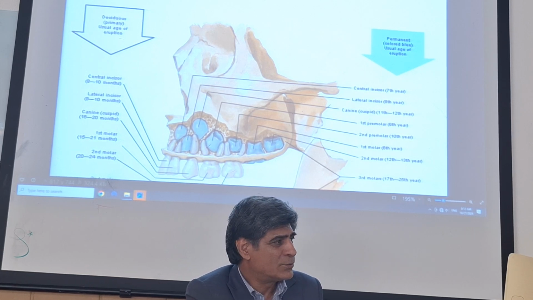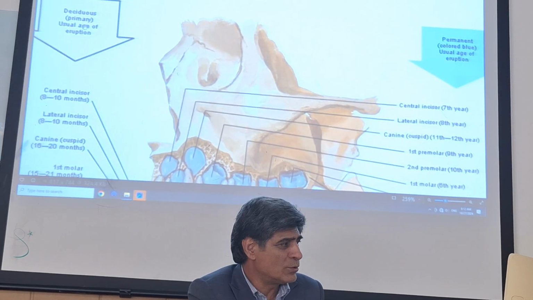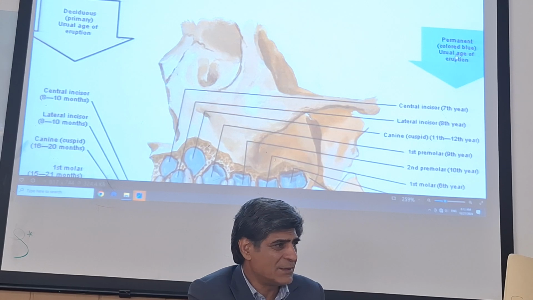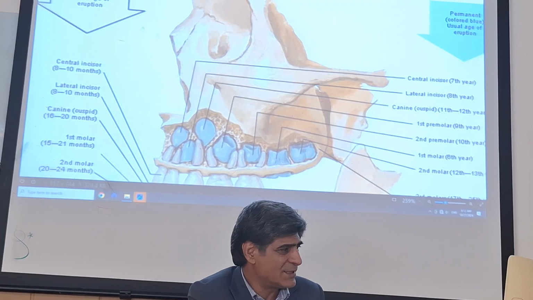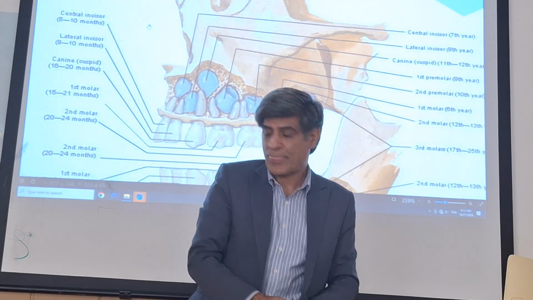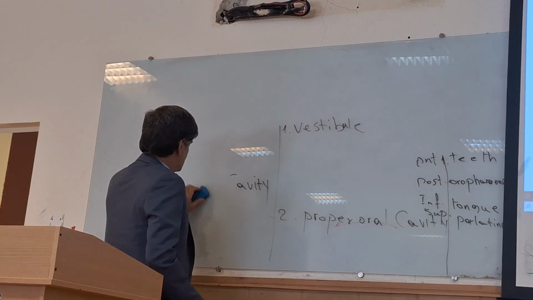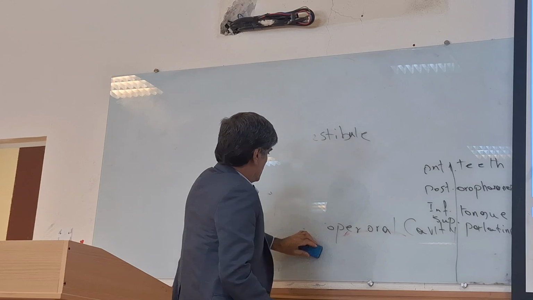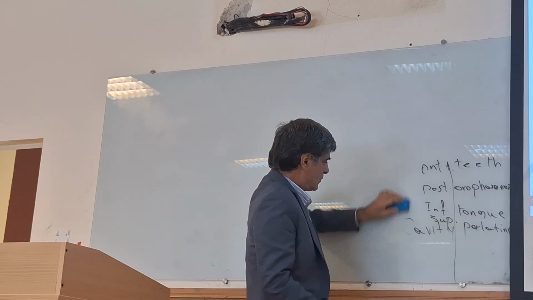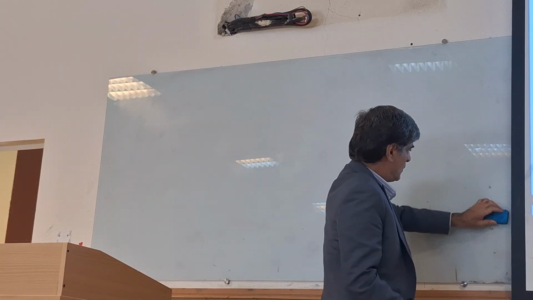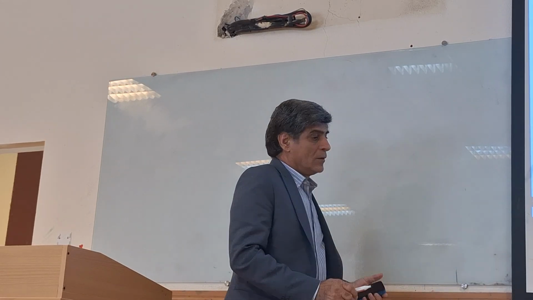The two groups are deciduous, or primary, and permanent, or usual at eruption. Deciduous teeth number 20.